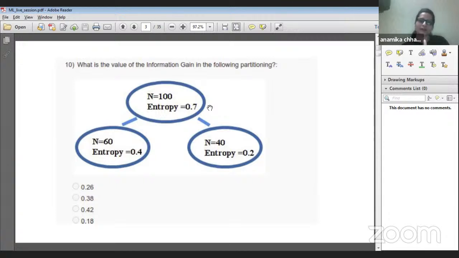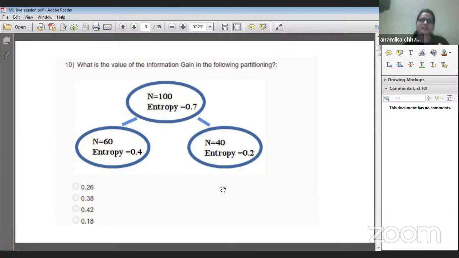Okay, so we are dividing the data set, we're partitioning it based on some feature. And after partitioning, in one of the subsets we have 60 elements, in the other one we have 40, and the entropy of each of the subsets is also given. So it's even more simple. We are given the entropy of both the partitions. What is required for us is to compute the information gain.